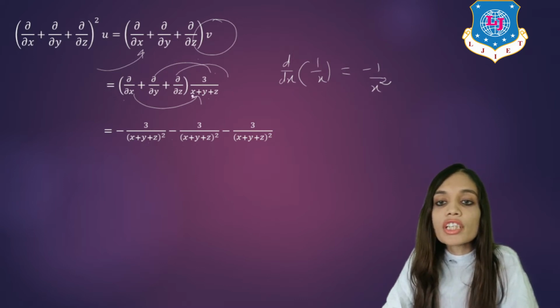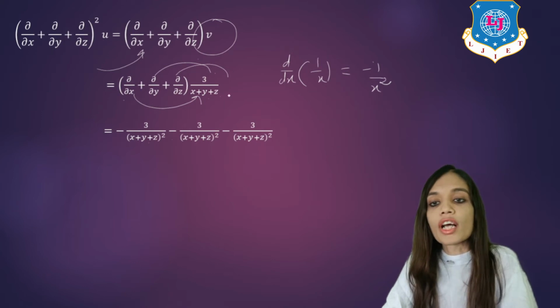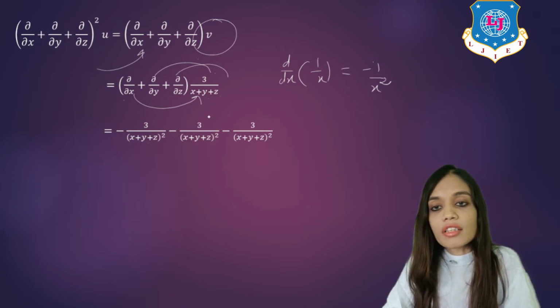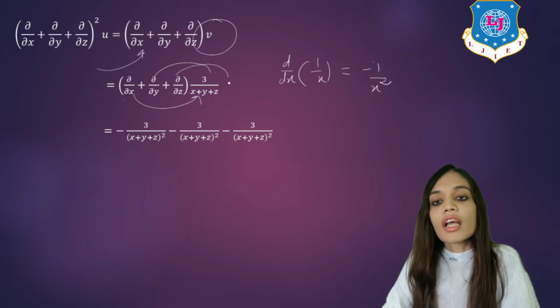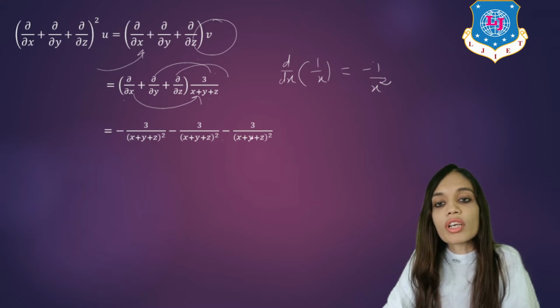So here what will you keep constant? x and z, and again apply this formula. So the answer will be minus 3 upon (x plus y plus z) whole square. Right? Again apply the derivative with respect to z, keeping which terms constant? x and y. So again the answer will be minus 3 upon (x plus y plus z) whole square.